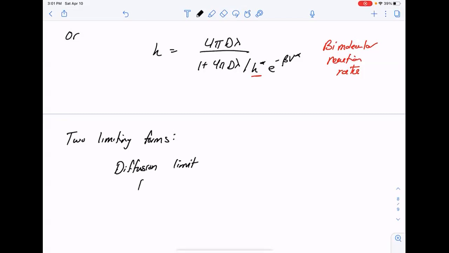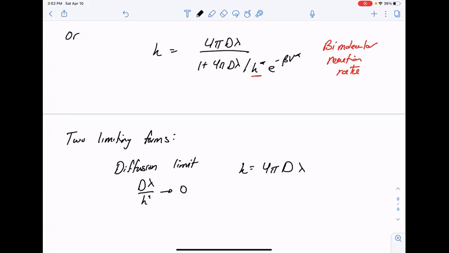This is when d lambda over k star goes to 0, in which case the bimolecular rate is just given by the diffusion constant times some molecular length scale lambda, which again tells you over which lengths A and B will interact with each other.